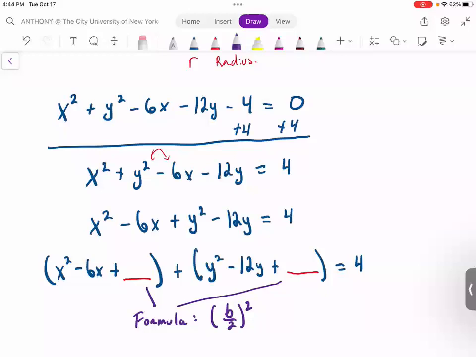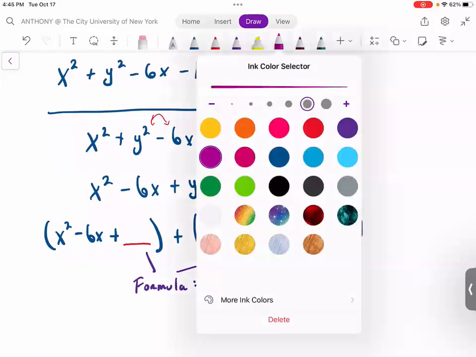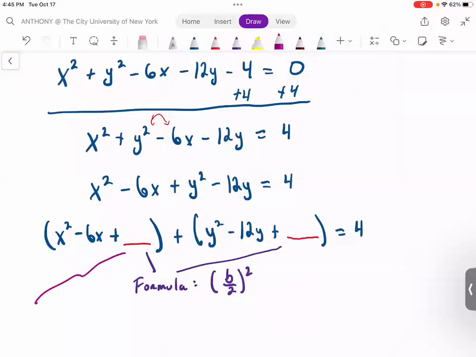I'll give you a hint. We're dealing with a trinomial. So what will be the value of b? -6. Okay. So to fill in this first blank, we say the value of b, which is -6, divided by 2, squared.